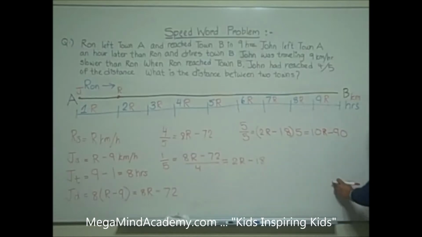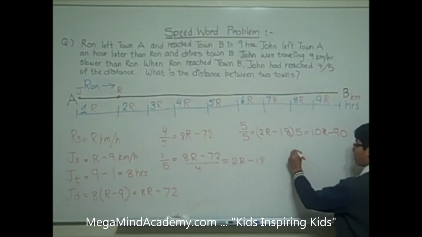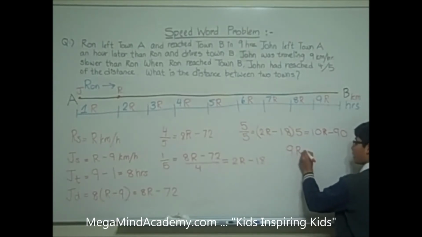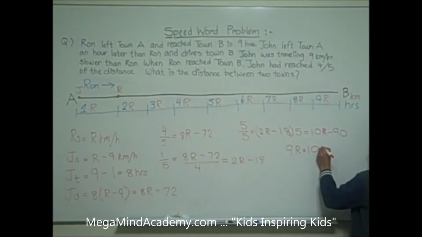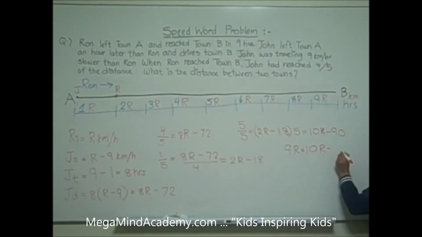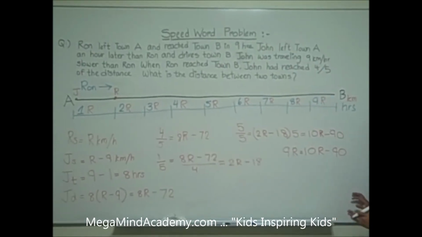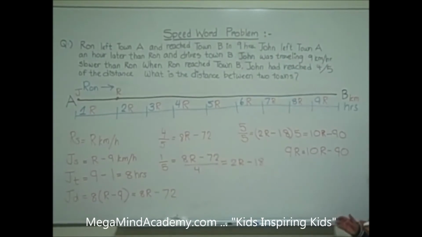But the journey is also 9R kilometers. So this means that 9R is equal to 10R minus 90 kilometers.